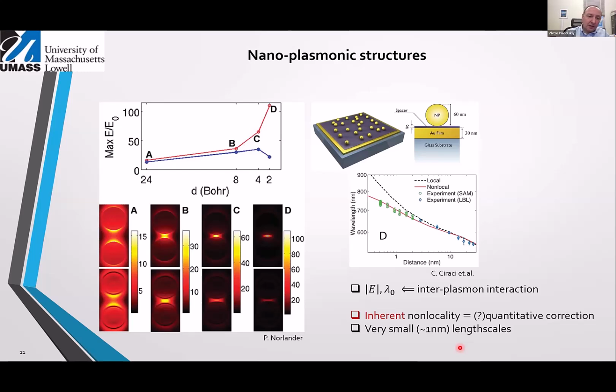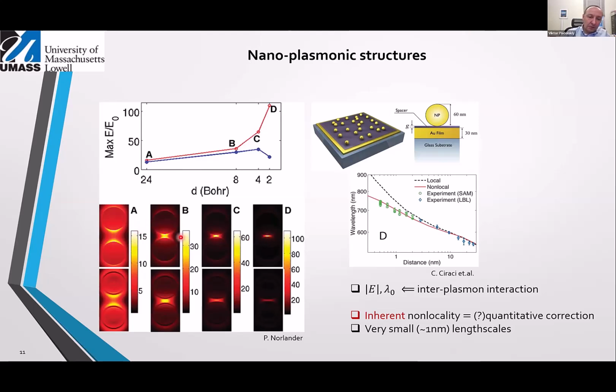And so this is a toy model from the plasmonics community where they put two metal particles closer and closer together and analyze the dynamics of the hotspot that emerges in between the particles.